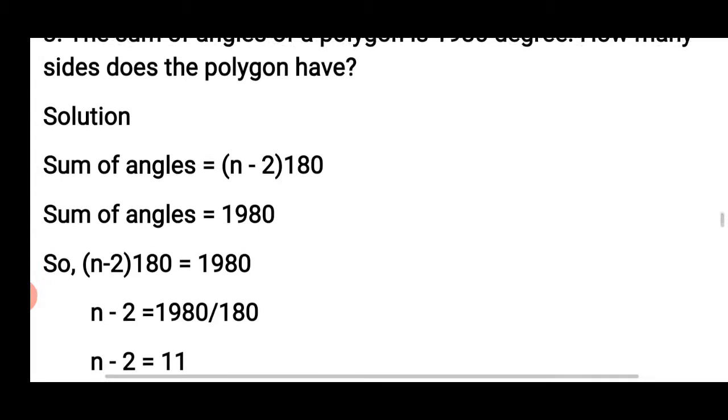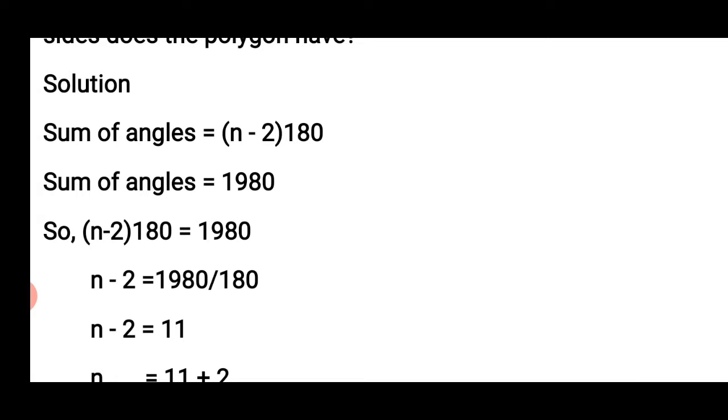In this case, you may open the bracket by multiplying n by 180, then you multiply minus 2 by 180, before you collect your like terms. Or you may divide both sides by 180. Since there is a bracket, it means that you are multiplying n minus 2 inside the bracket with 180.